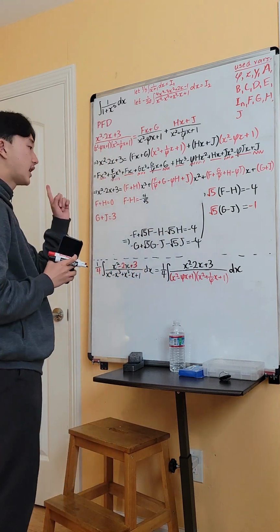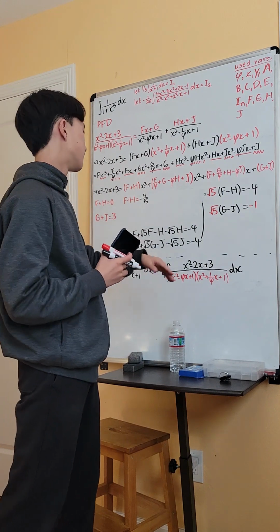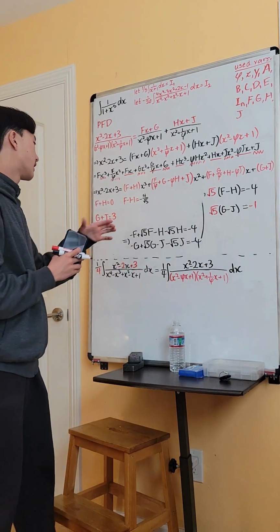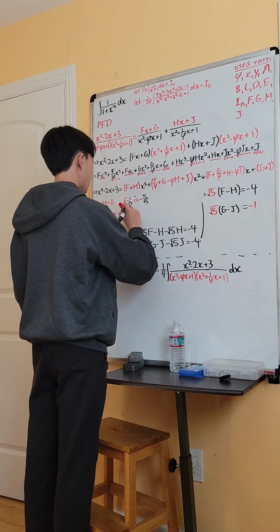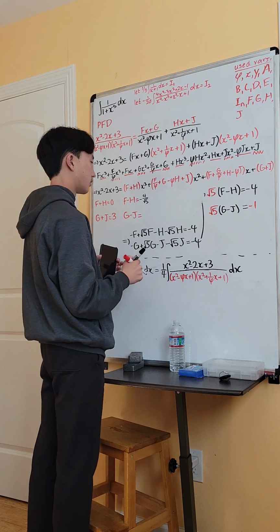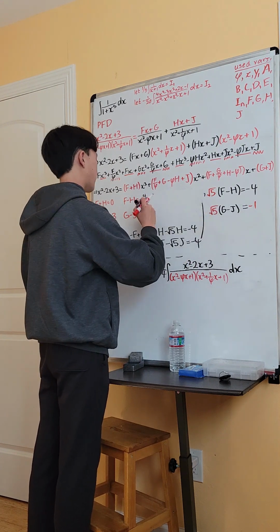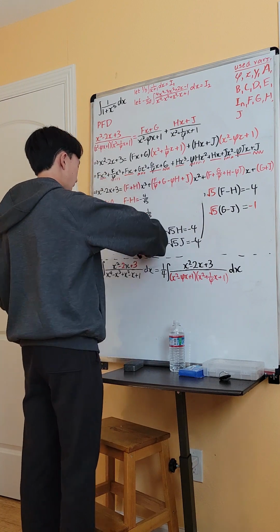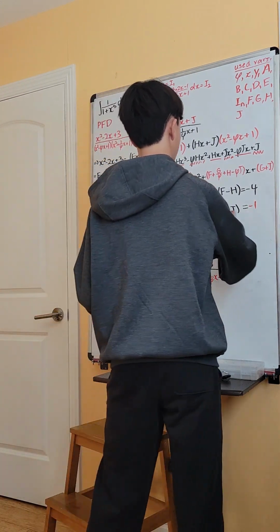Okay, and then last step before we can actually get to eliminating, g minus j: divide by root 5 on both sides, we get g minus j is equal to negative 1 over root 5. Okay, so that's it for this one.